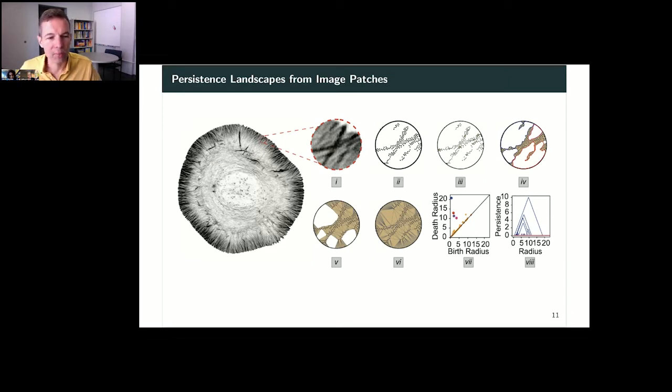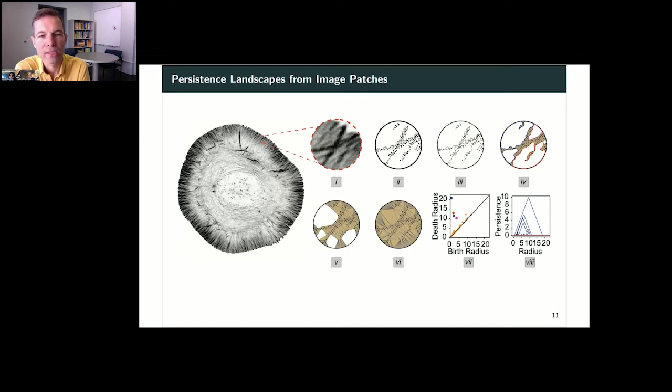So downsampling would lose the structure of interest. So the solution that we came up with was to subsample patches of our image. So in step 1 here, we see we've extracted a small part of our image, a little disc-shaped patch.